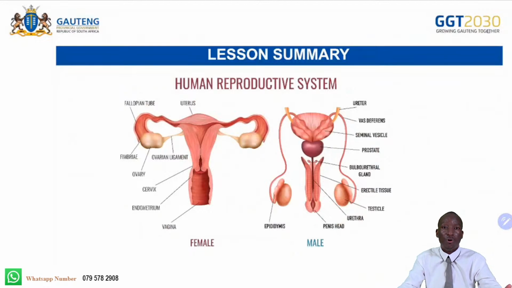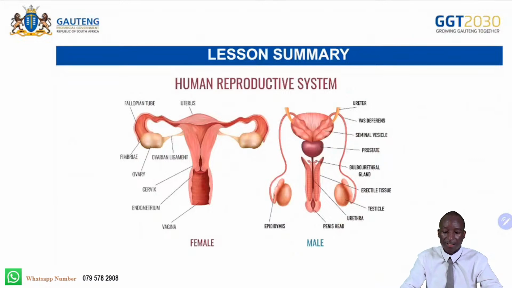Now, let's look at the summary for our lesson. We spoke about the human reproductive system, where we've got two systems: the female reproductive system and the male reproductive system. Each system has its own organs which make it up.